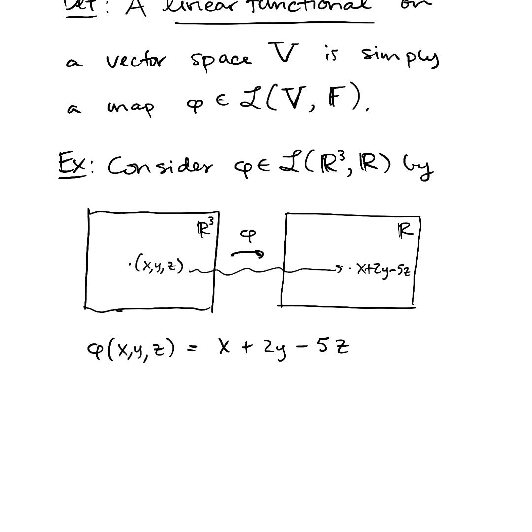Okay, it's worth observing, though, that Phi in this example is simply a dot product. It's simply an inner product with a very certain vector. So notice this: phi of xyz is nothing other than xyz inner product 1, 2, -5.